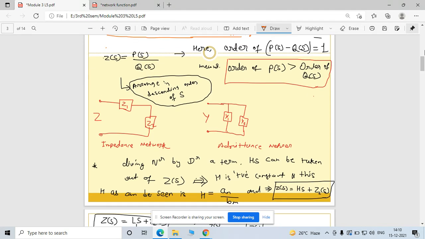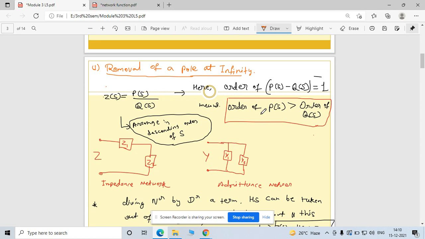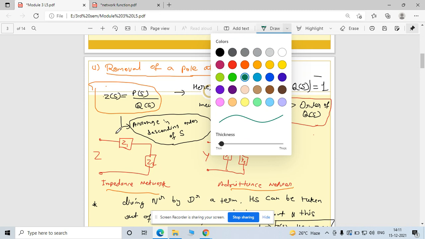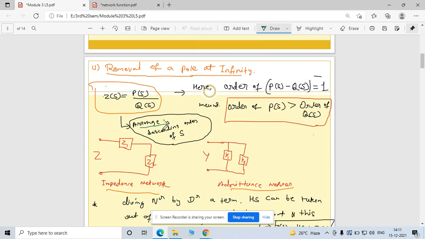Now see, in such a case, you synthesize your network in two ways, right? First is impedance format, another is admittance format. So for example, if you are given impedance in p by q form, then that function you have to rearrange in descending order of s.